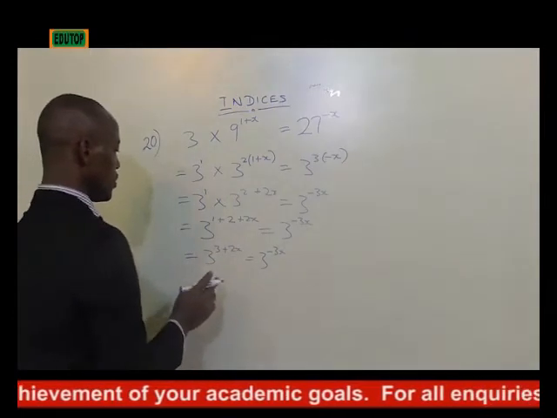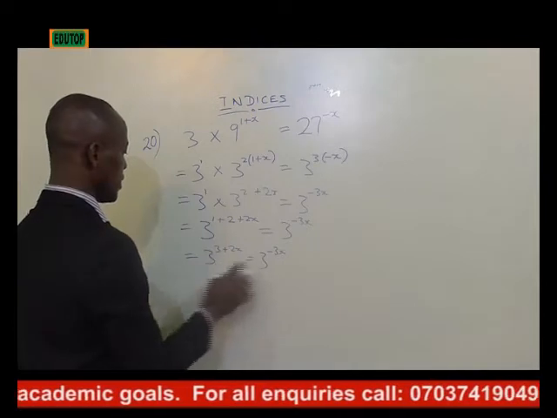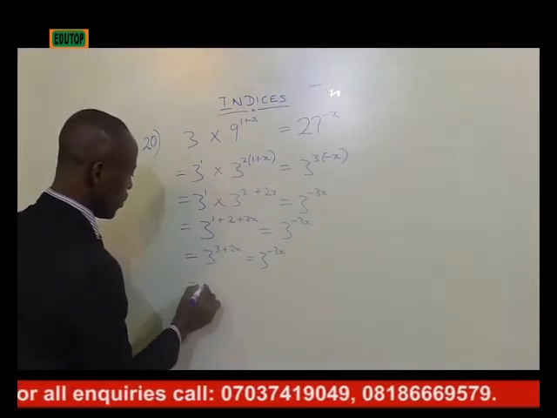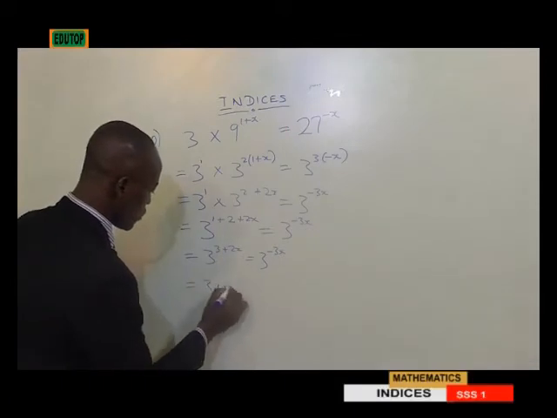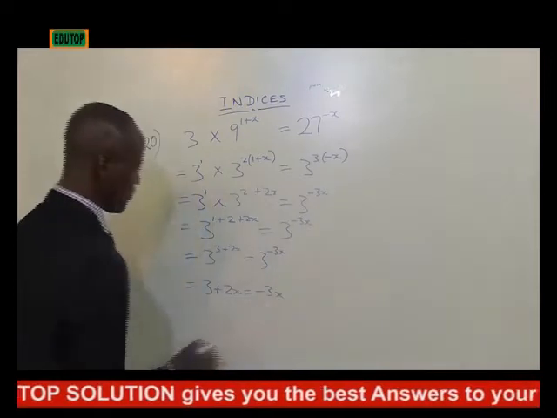Now, since these numbers are the same, we neglect them and then take their powers. So what we are having is 3 plus 2x is equal to minus 3x.